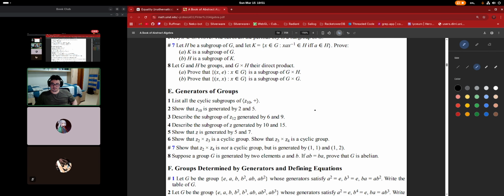List all the cyclic subgroups of Z10. So what are they? We know one is in here, right? The cyclic subgroup generated from 1 is just Z10 again, so that's definitely in there. Actually, every other generator that's odd, that's not 5, is also equivalent to the whole group.